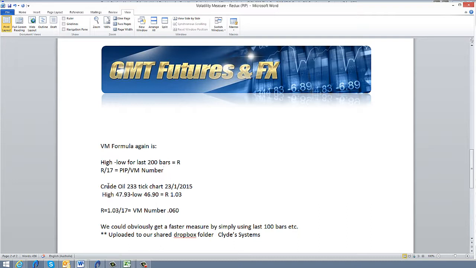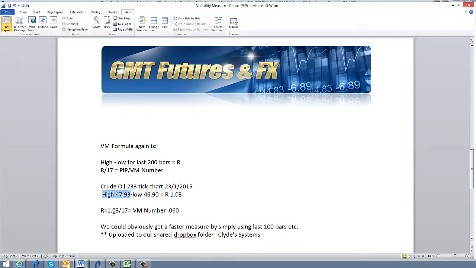So for crude oil, we had a 233 tick chart. We had it from the 23rd of the 1st, 2015. That's when we started looking at this 200 bars back, and we actually went forward to 1:30. Our high at that time was 47.93, our low was 46.90. That gave us an R value of 1.03: 47.93 take away 46.90.